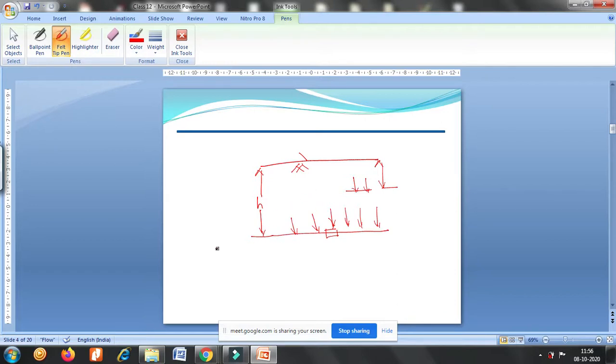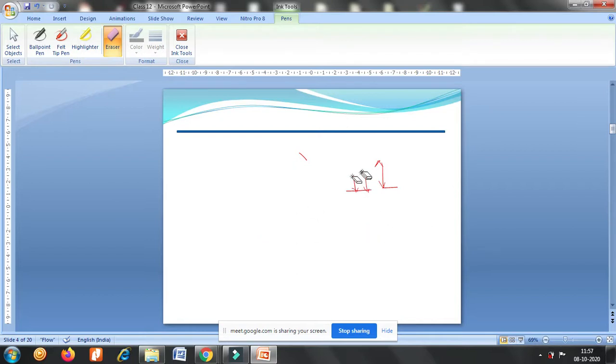Can you understand? So at any level we can determine the total stress. Say there is a line in this one. This is the ground surface, and at this depth we want to find out the total stress. So what is the depth?